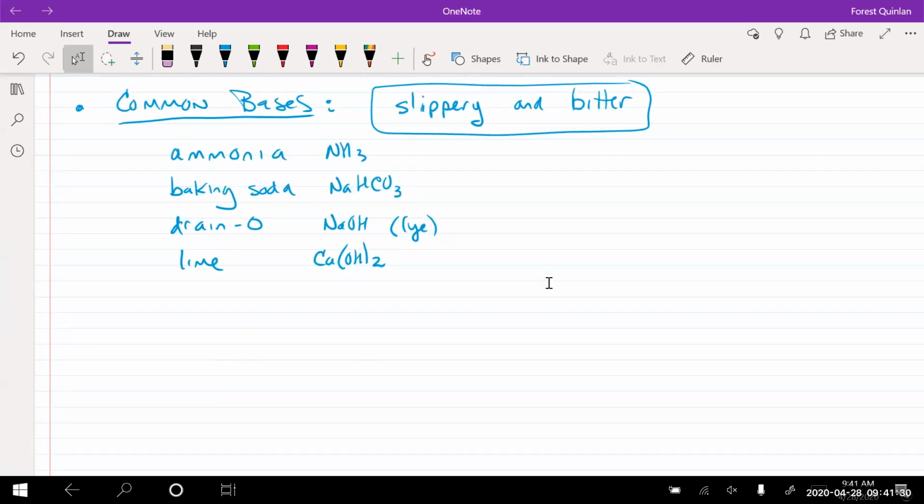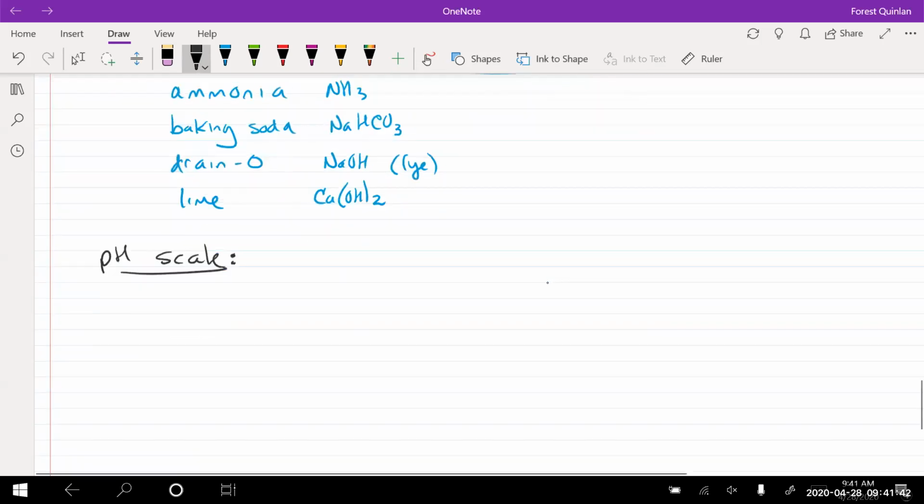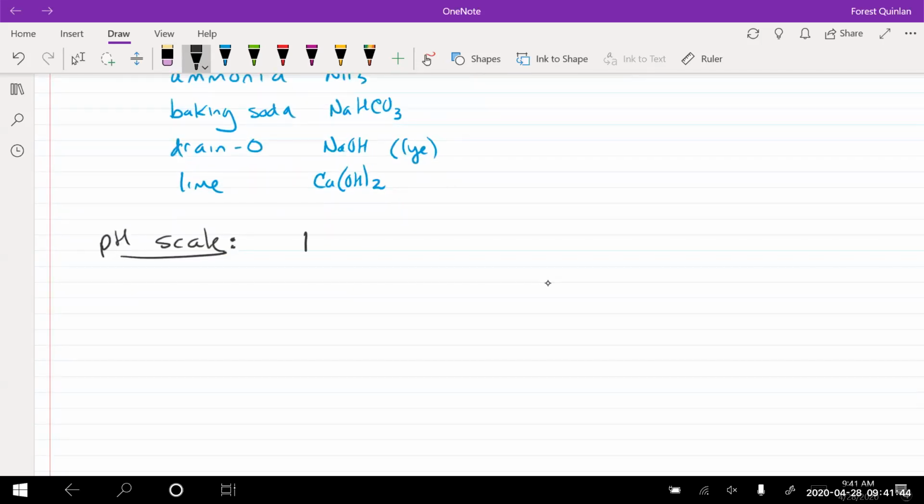Most of you at least have a cursory knowledge of what I'm about to tell you. And that is, we have a pH scale that sort of ranks how acidic or basic something is. And that scale runs from 1 to 14. And notice I put a 7 there in the middle. Everything on the low side here is the acids.